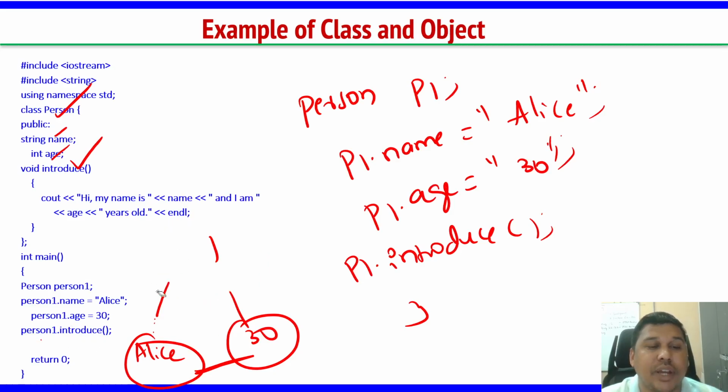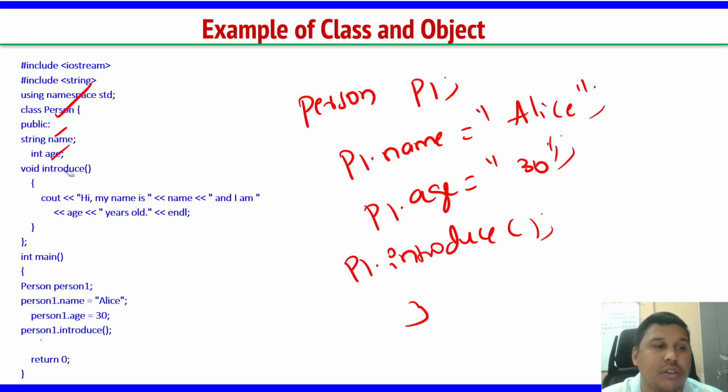Okay, so that way you can declare it. I hope it is clear. Is it clear about class and object? It is the same as your structure. You give class, class name, then I will talk about the access specifiers: public, private, protected.